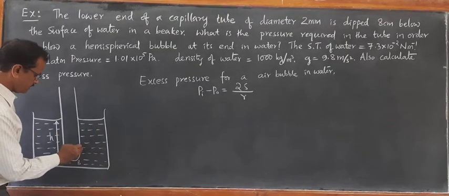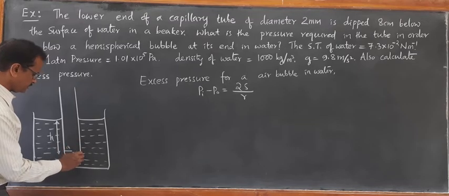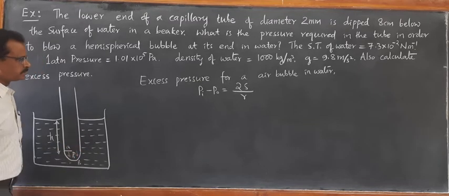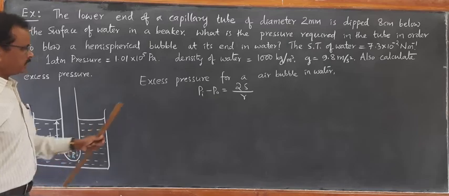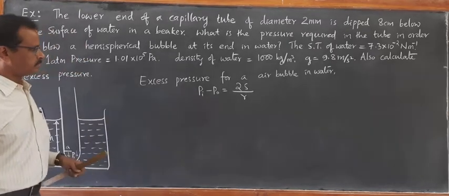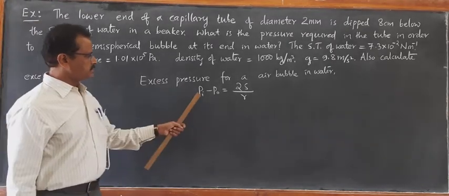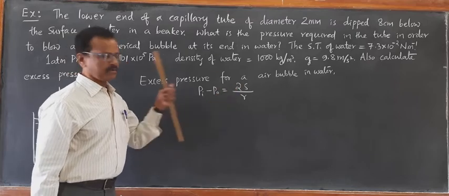So inside here air is there. So here there is air pressure. So Pi is going to be equal to the atmospheric pressure. So this is Pi minus P naught equal to 2s upon R.